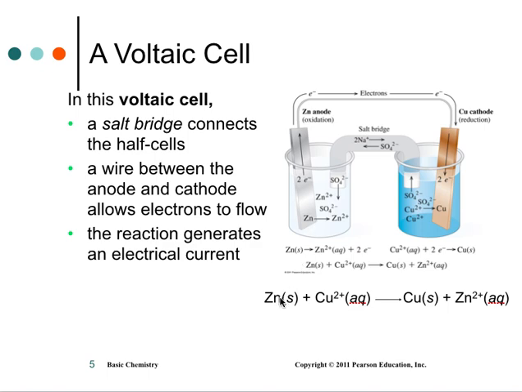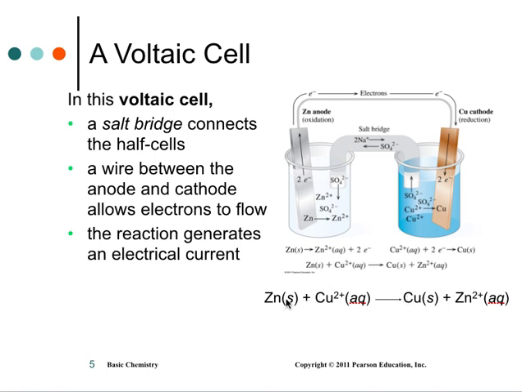So you're going to have zinc becoming zinc ion. So this is 0, this is positive 2, so this is oxidized. Zinc is being oxidized. The copper ion is gaining an electron, so it's being reduced into the copper metal.